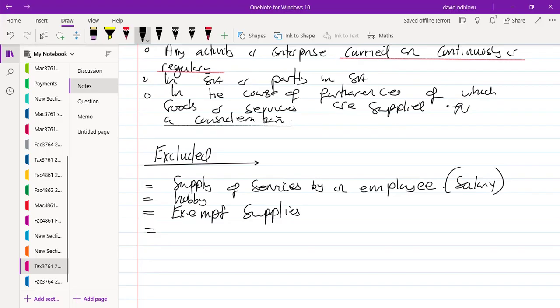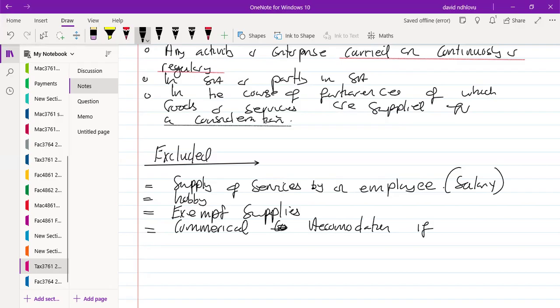Right? Then we have commercial accommodation. So when you provide commercial accommodation, which is a service, it may not qualify to be treated as enterprise, which means it may not attract VAT, right?